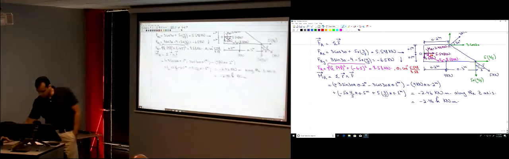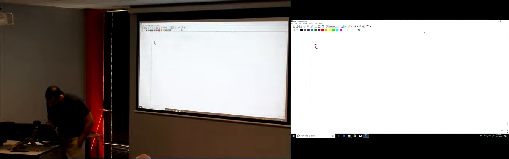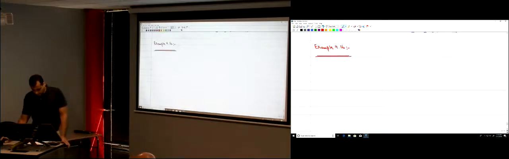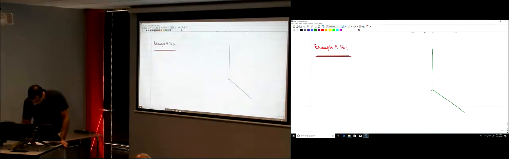So now let's move ahead to another example about calculating the resultant of a system of forces and moments. Here it's a three-dimensional problem. Let's draw the three axes, the x, y, and z axis.